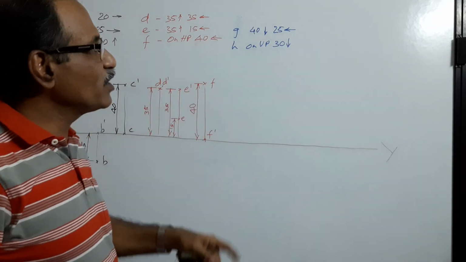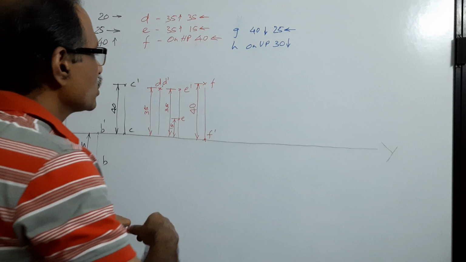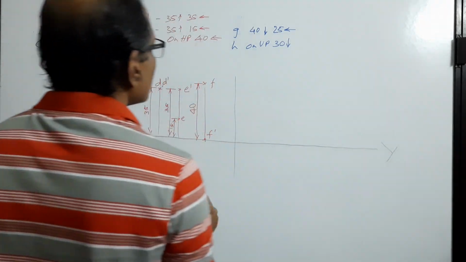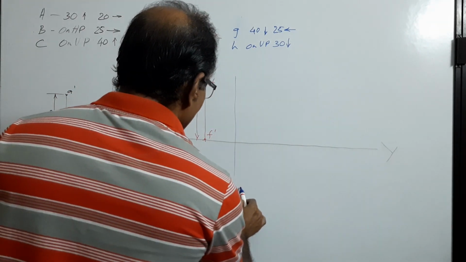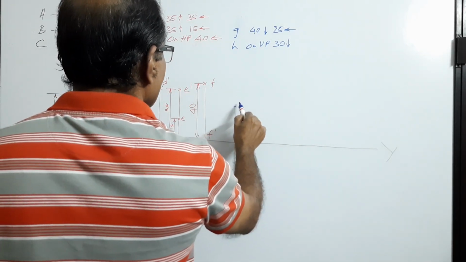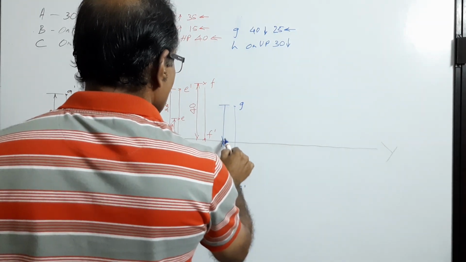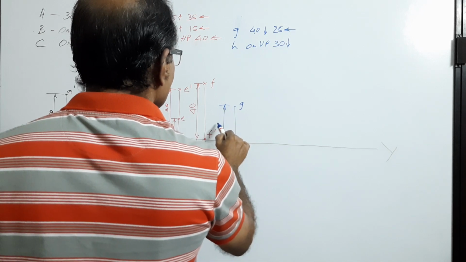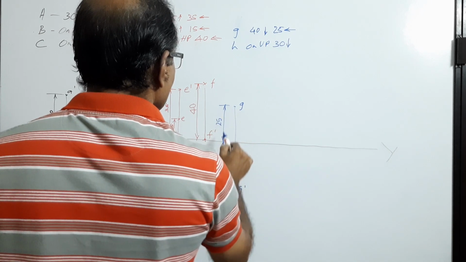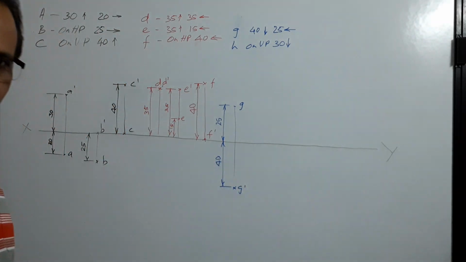Point G is 40 mm below HP and 25 mm behind VP. Which quadrant? Below HP, behind VP, third quadrant. Draw the projector. 40 mm below, locate G dash. 25 mm behind, locate G. Then what?